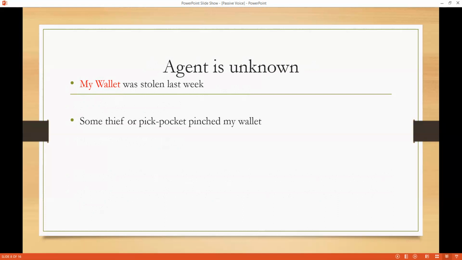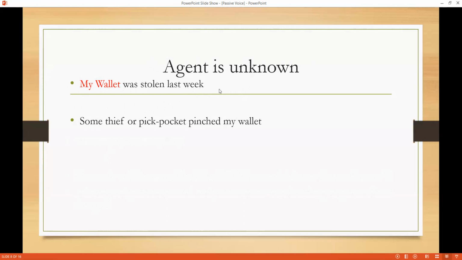Now we know that some thief or some pickpocket pinched my wallet, but we don't know who that person is. So we can say that the person doing the action is unknown. So we can write the sentence as my wallet was stolen last week.